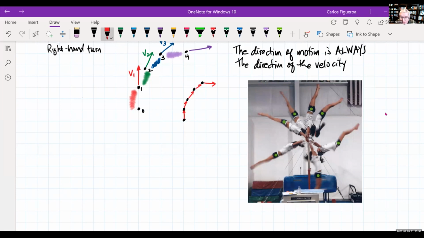Again, I put the dot right at her hips. Look at the spacings here. We have to agree that her speed right at the top is probably the smallest. But at the bottom, the separation between those two dots is quite big. So at the bottom, she has to be moving at the fastest speed. Again, by looking at these motions, they tell you how fast.